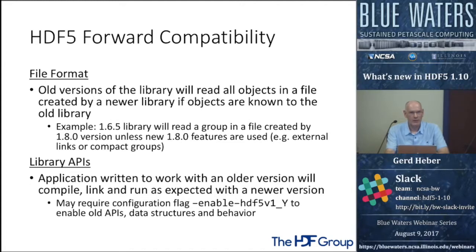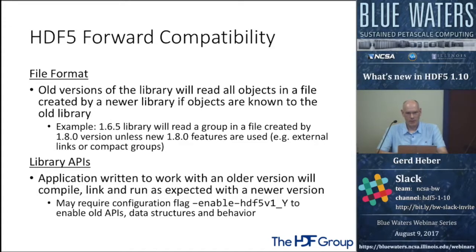Let's talk about HDF5 forward compatibility, and this is just a summary of what we just said. The forward compatibility, again, extends to two areas, the file format and the library API. As we just said, old versions of the library will read all objects in a file created by a newer library, provided these objects are known to this old version of the library.